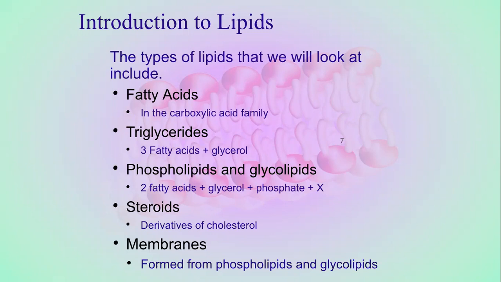This is a polymer, so it'll be made up of 3 fatty acids with a glycerol backbone. We'll then be talking about phospholipids and glycolipids, and this is again a polymer. It's made up of some fatty acids, a glycerol backbone, and a phosphate. Steroids, which are derivatives of cholesterols. And then we'll talk about our biological membrane and how these lipids function in our cells.